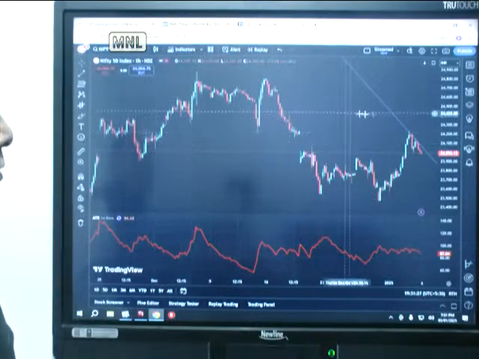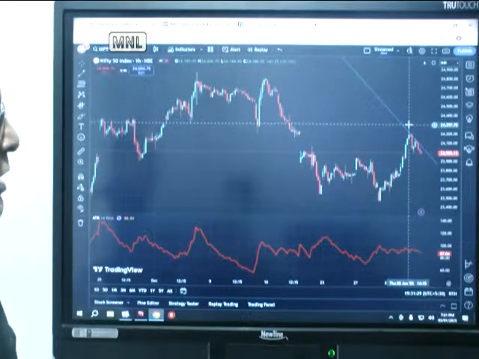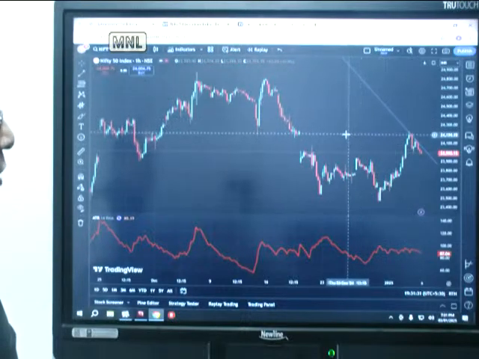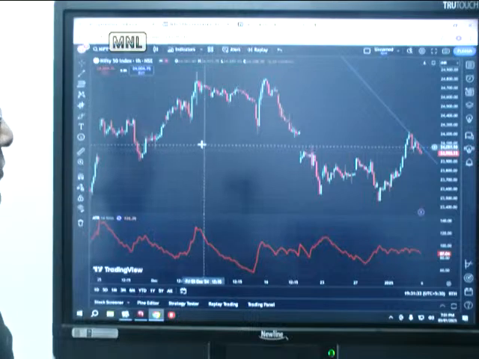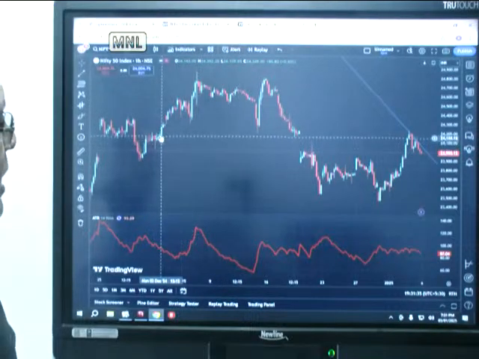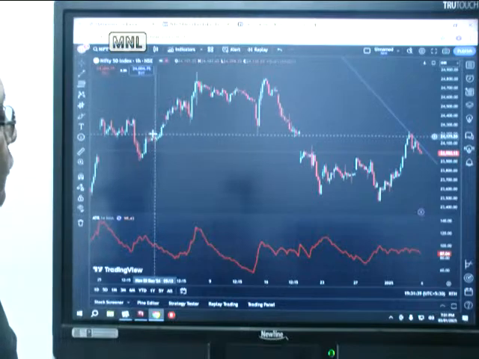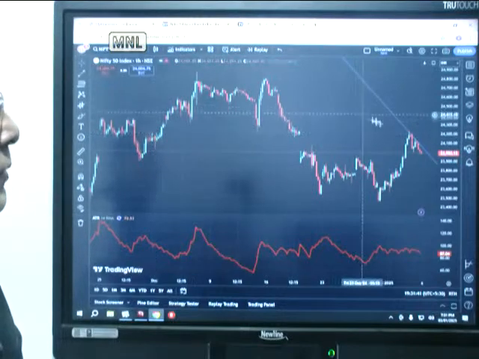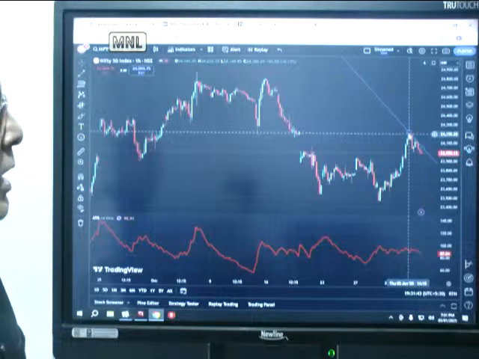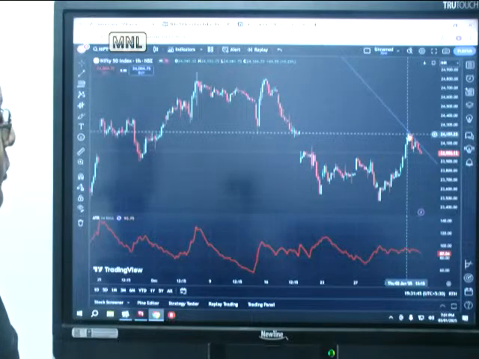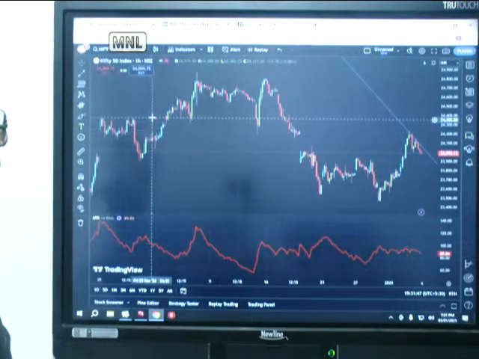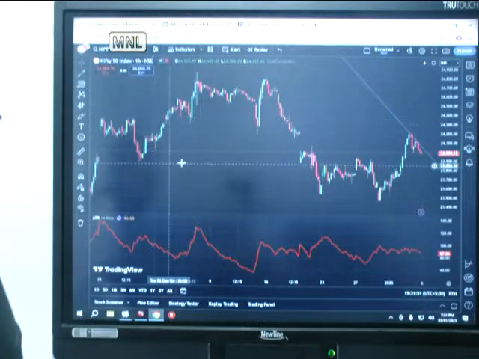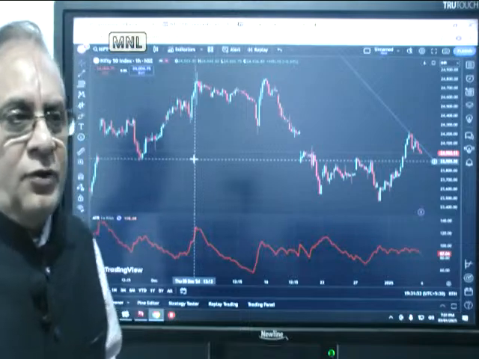Go to the left hand side of this chart, and see which pivot point on the left side almost coincides with this particular pivot point. Now, this is 24,225, and if you see, it comes to 24,188. So, approximately only a 30-40 point difference is there.